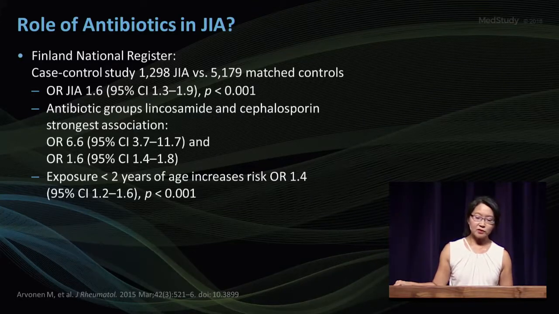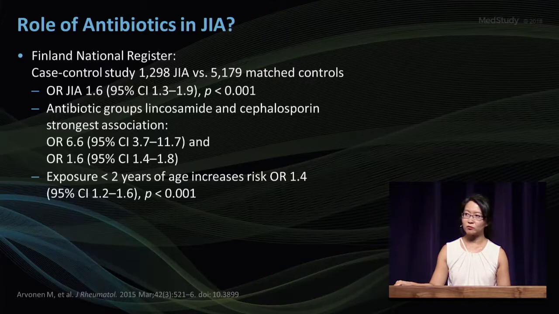The Finnish published their national register. It's a case-controlled study of over 1,200 patients who have juvenile idiopathic arthritis, and they compared them to over 5,000 matched controls. What they found was that patients who were on antibiotics, multiple courses, were more likely to develop JIA.